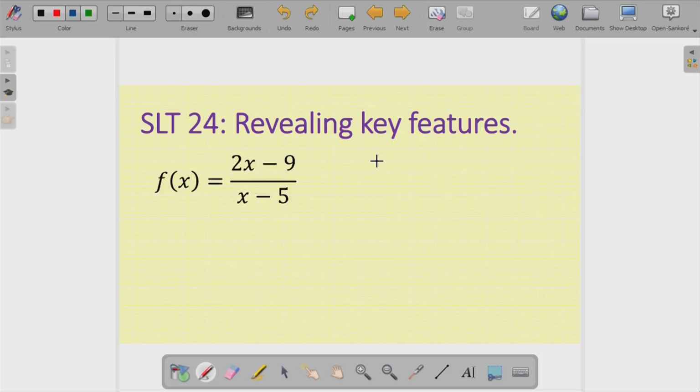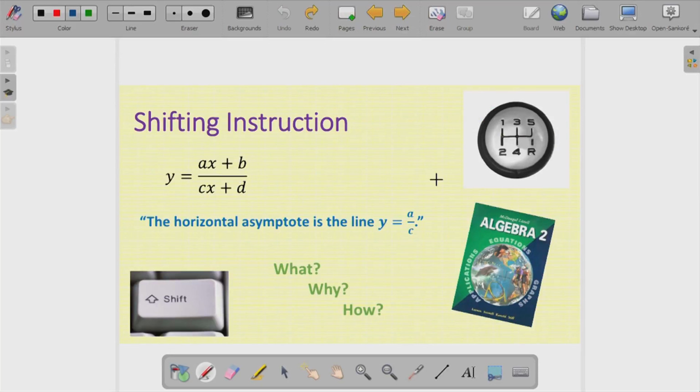So with that, before we actually jump into this problem, let me highlight a shift in instruction. Having looked at the material in this blue and green text that's been in use, I noticed that this form was presented after an example that's a more typical transformation of 1 over x.